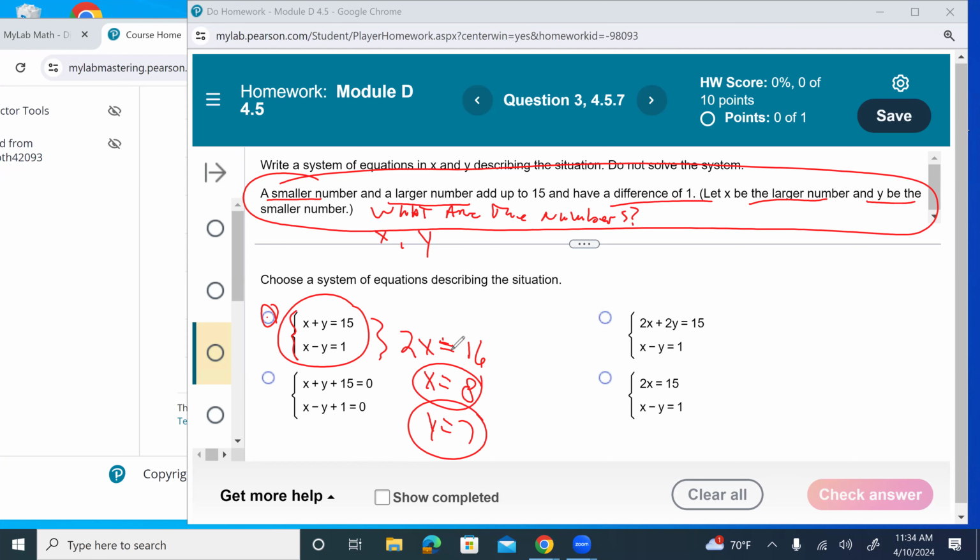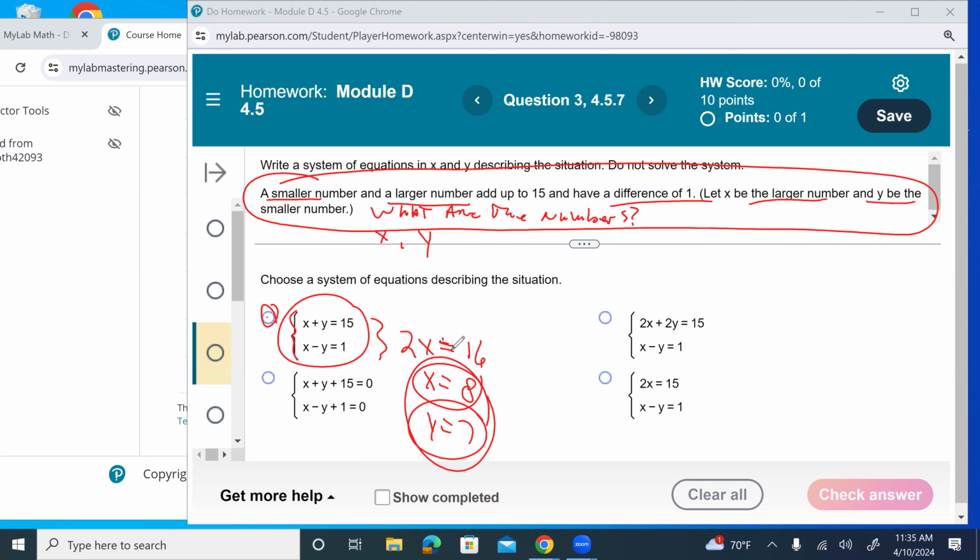The answer won't come back x equals 8, y equals 7. That ain't how it's going to work. You're going to write it out: the two numbers are 8 and 7. The answer comes back in the same form that the question is posed.